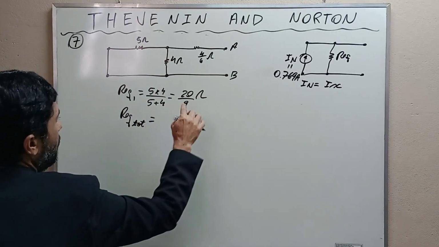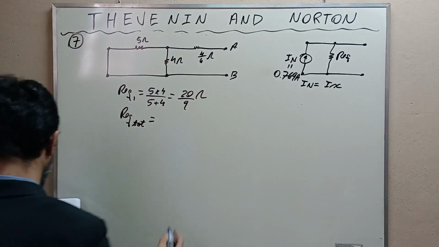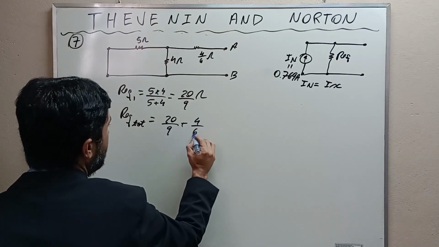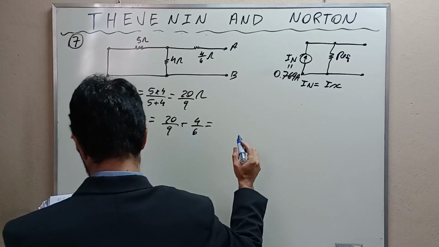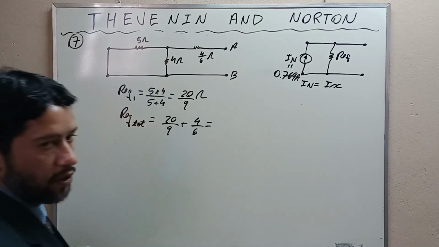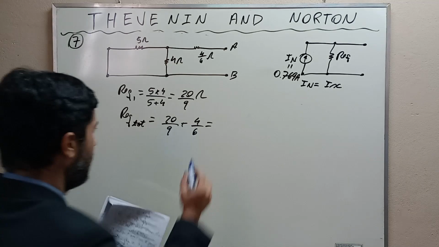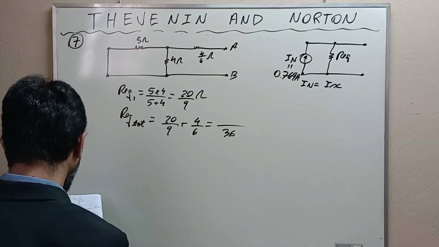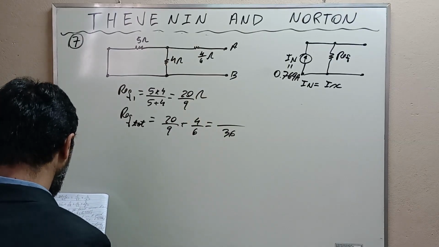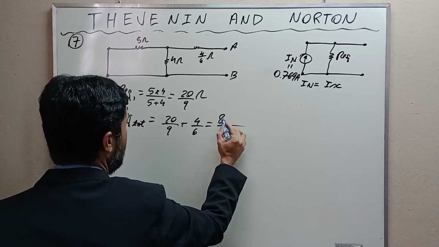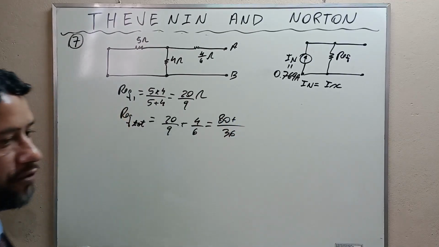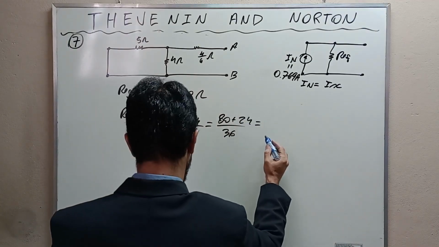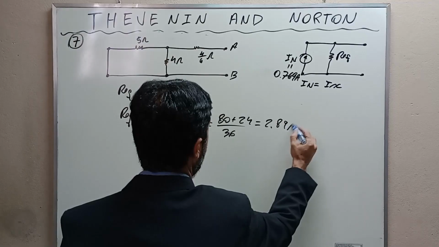and this will be in series with this, and this is 20/9 plus 4/6, and this is equal to, if we take the lowest common denominator, we find that it is 36. 36 divided by 9 is 4, times 20 is 80, plus 36 divided by 6 is 6, times 4 is 24, and this is equal to 2.89 ohms.